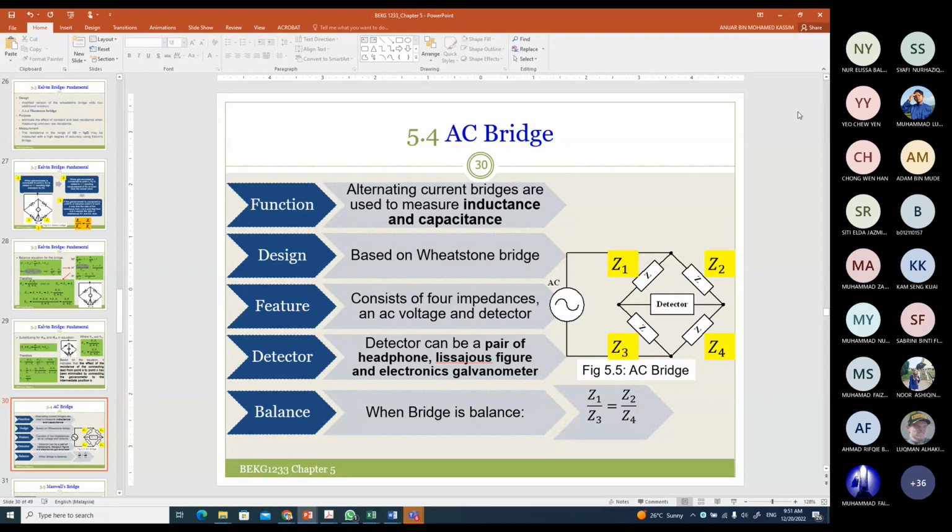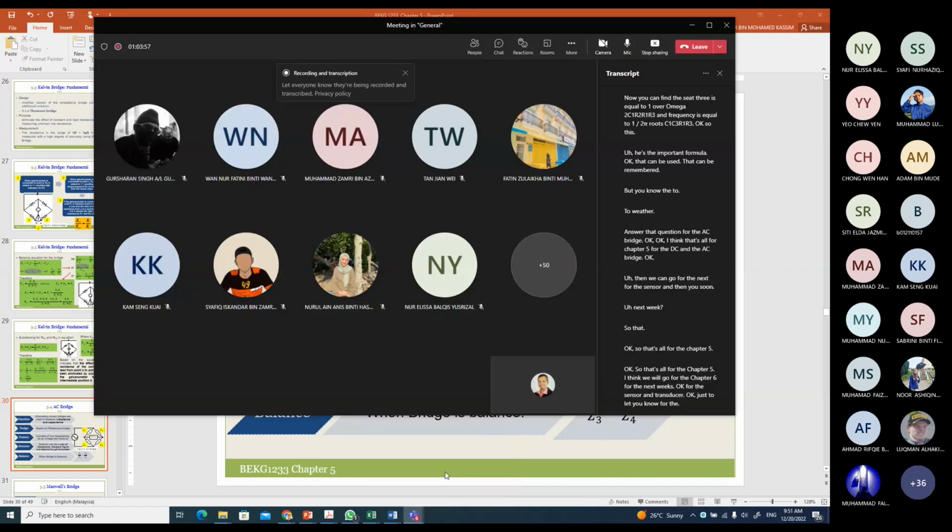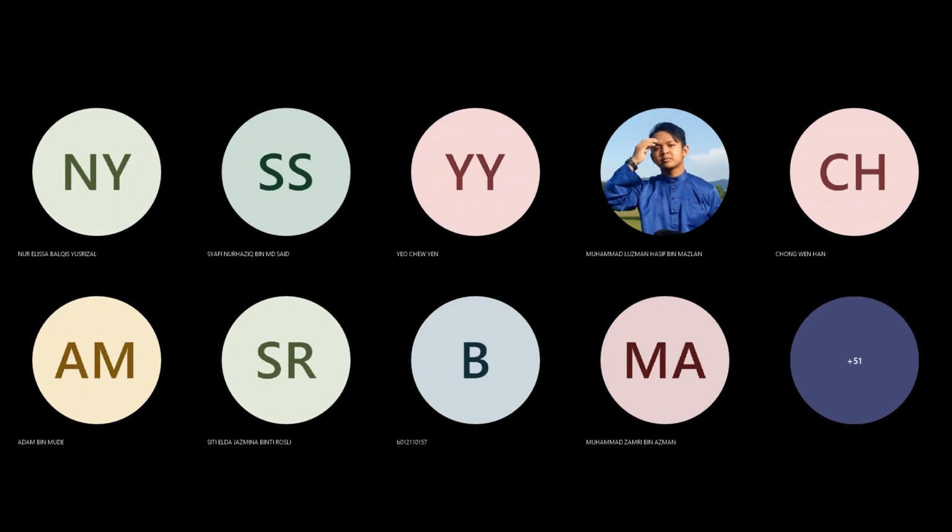Just to let you know, for this class we have the midterm on Thursday at 5 o'clock, at BK3 in FKE. Just make sure you come and bring your stationery.